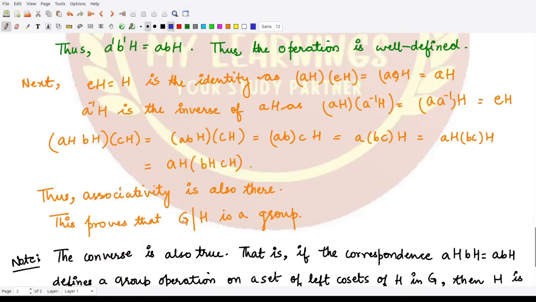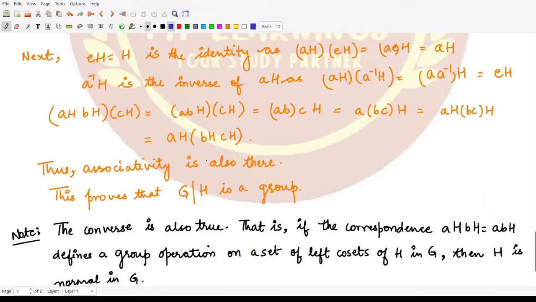Now in order to prove that this forms a group, we need to find an identity element, we find the inverse of each one, and we also need to get the associativity. So identity is present because E is obviously present in H, where H is a normal subgroup. Hence EH would be the coset that serves as the identity of this quotient group. Why?